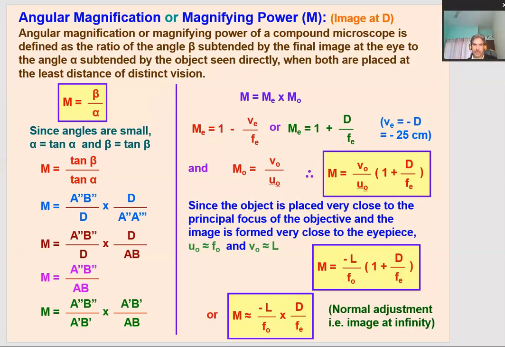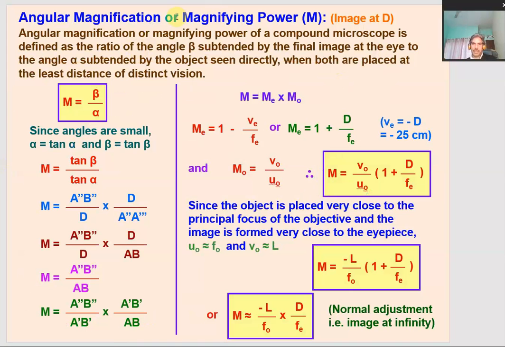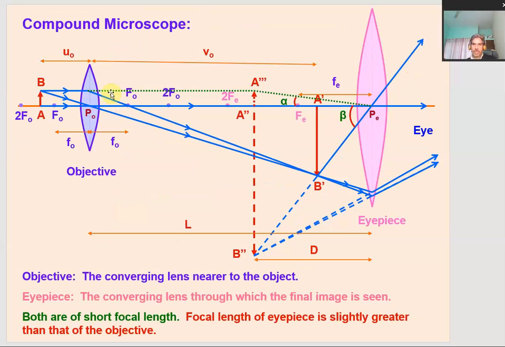For that we have to understand the ray diagram in both situations. So when we have to find the magnifying power or angular magnification when the final image is formed at the least distance of distinct vision, we have to understand this ray diagram.